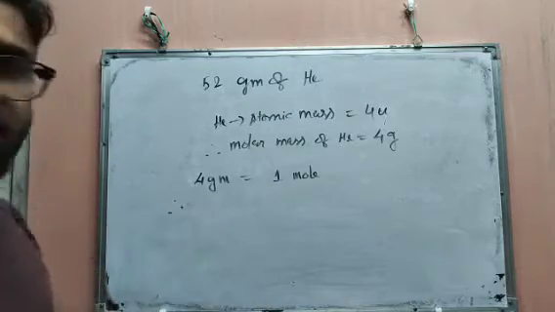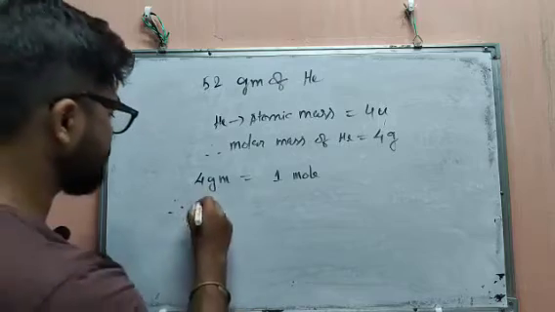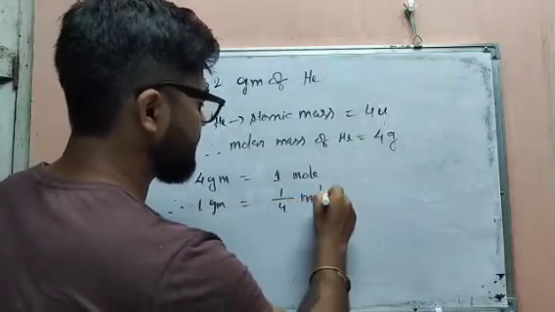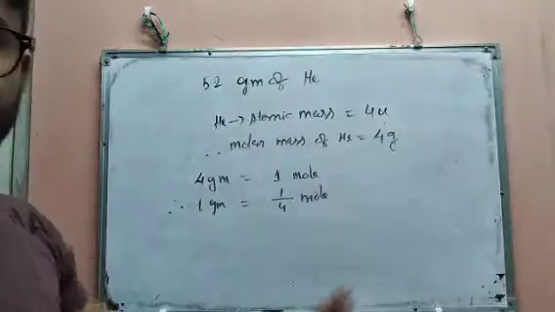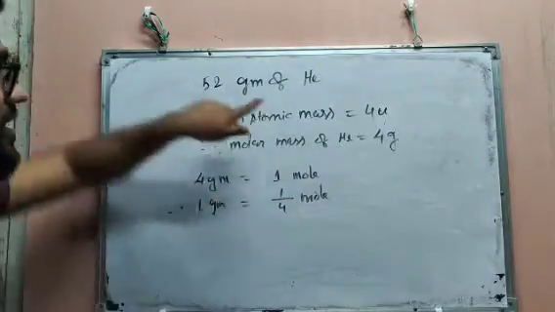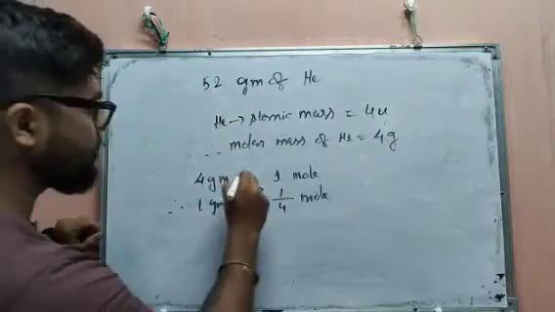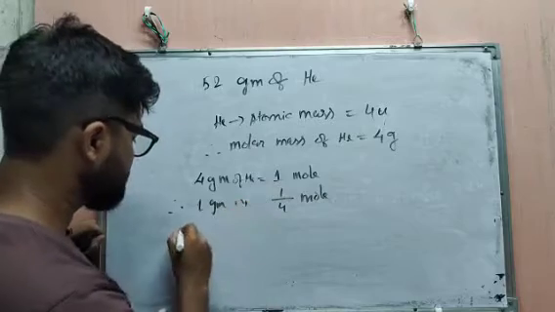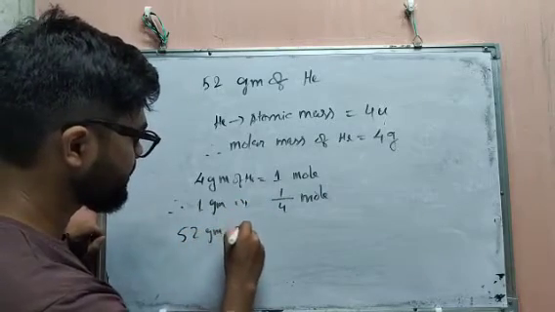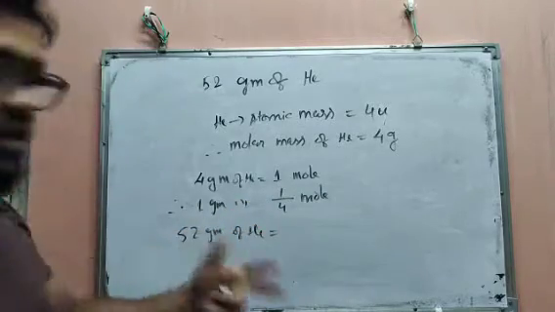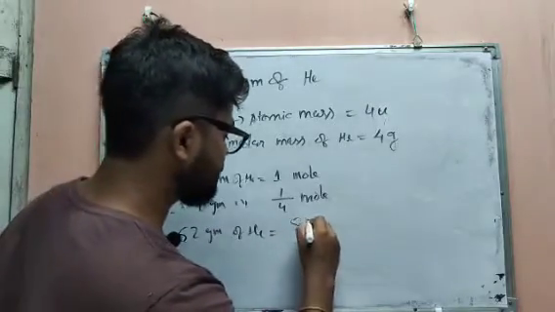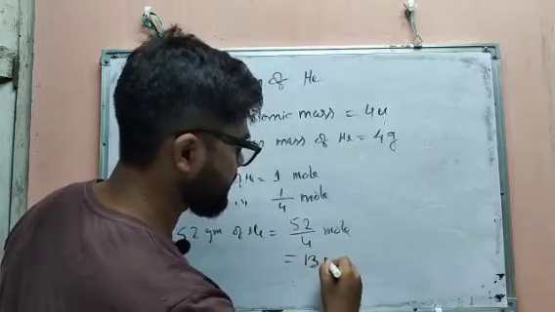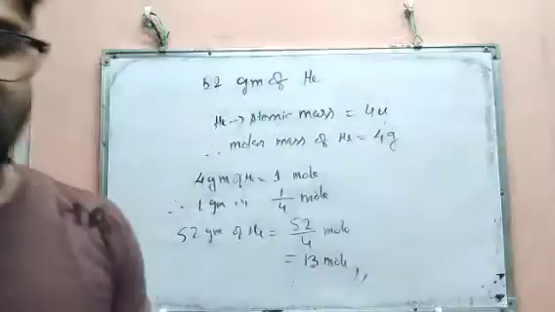Therefore, very easy, 1 gram equal to 1 by 4 mole. Don't get confused. Mole is just a unit, nothing more than that. Now, how many gram have we been given? 52 gram of helium. So 52 gram of helium equal to simply multiplying 52 by 1 by 4 mole. That means 13 mole, which is our required answer.